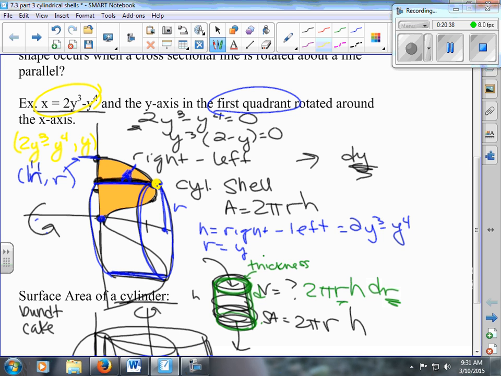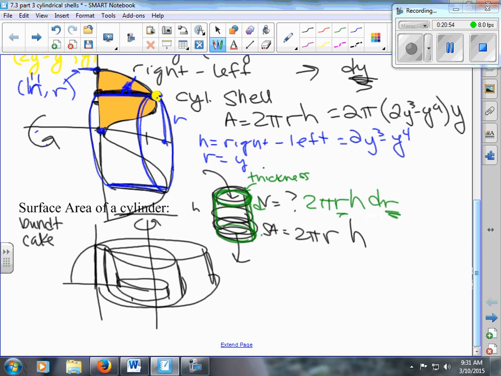Now I've run out of room, but my area, which is 2 pi rh, is 2 pi times r, which is y, times h, which is 2y to the third minus y to the fourth. So I have a little bit of volume to that paper towel roll.